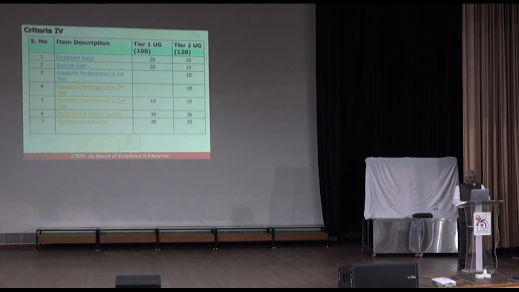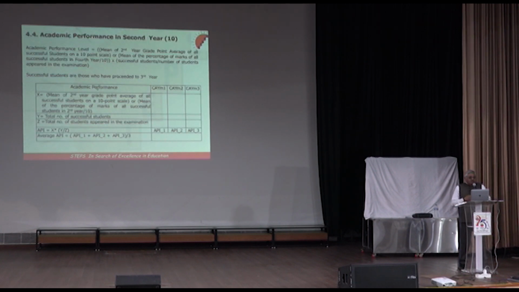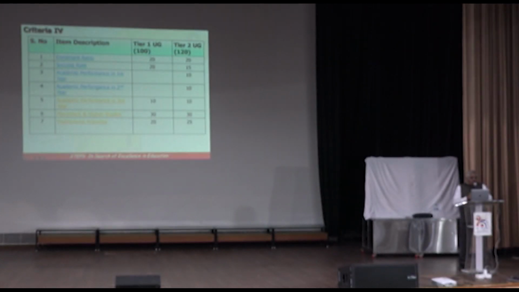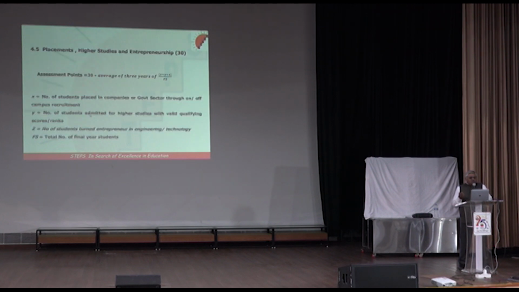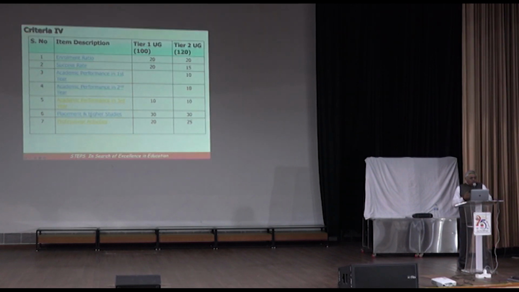Academic performance in second year, again the calculation is the same. Mean of second year, grade point of all points divided by percentage of the marks of final year, and that calculation is there. This we can do. Again, academic performance in third year, that's okay. Placement and higher studies is also okay. These are the same things which they have done. No changes into that.